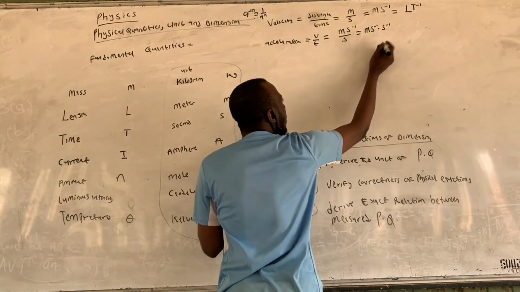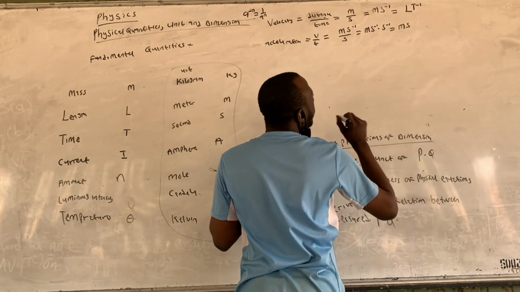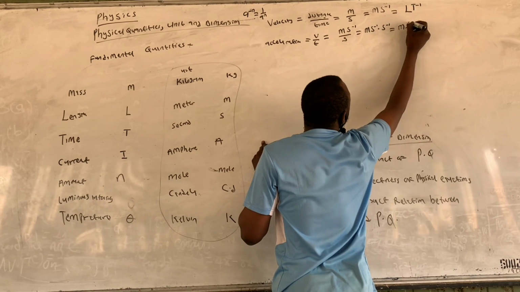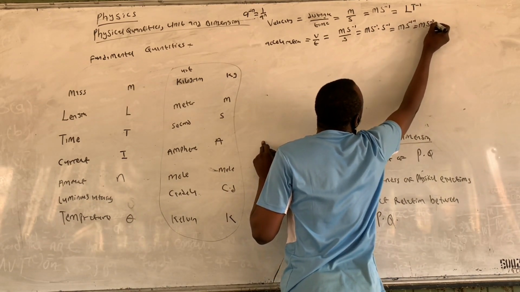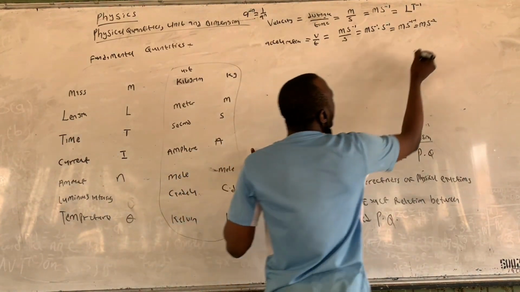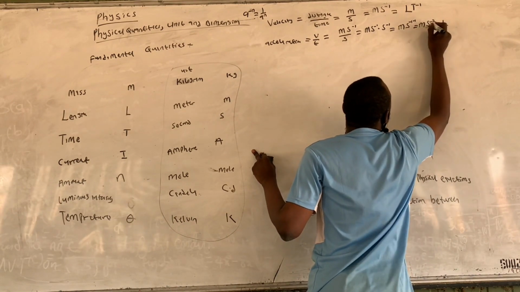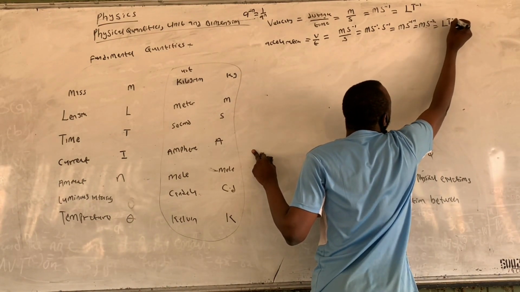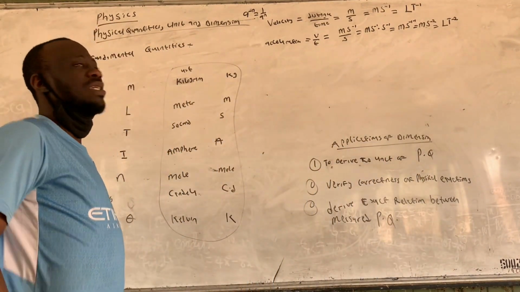When it comes up, we have m s minus 1 minus 1, equals m s minus 2. And its dimension here will be L as meter, then time, second, is capital T minus 2. This is the dimension of acceleration.